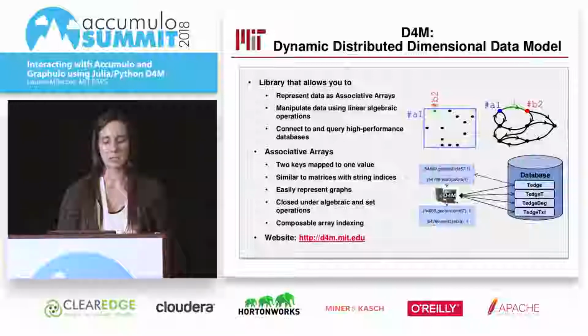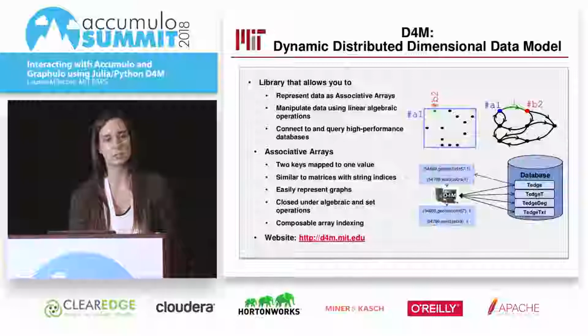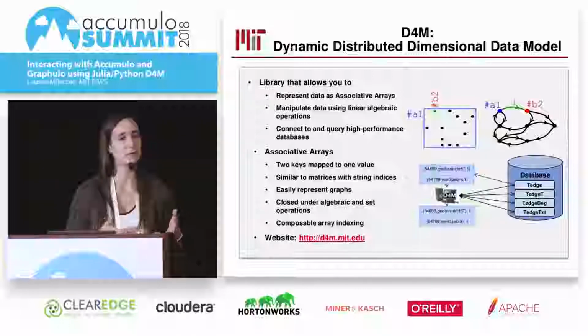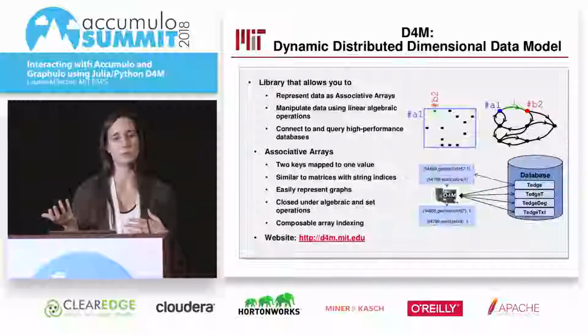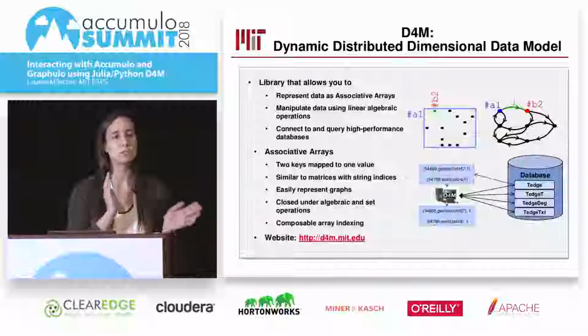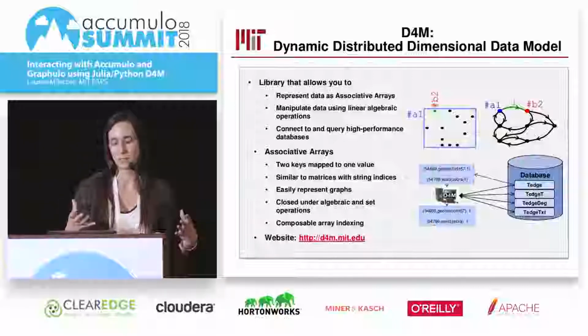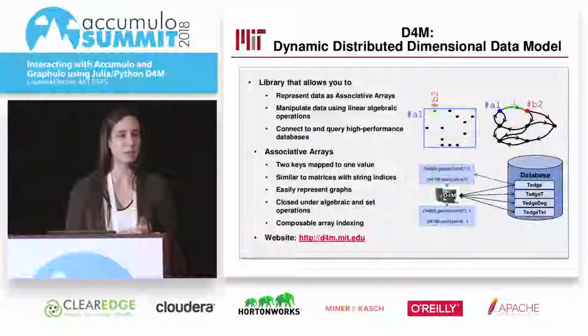Another important thing is associative arrays are closed under algebraic and set operations. What that means is you do an operation on an associative array or two associative arrays, you get another associative array back. And that allows you to chain together these operations to create more complex analytics. Finally, you can do the same thing with array indexing.